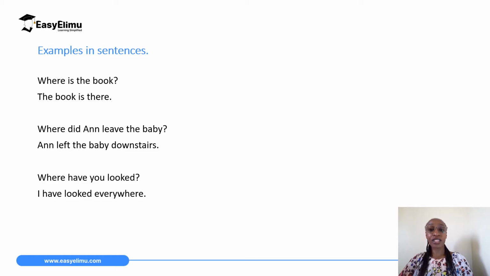Anne left the baby downstairs. So the word downstairs answers the question where. So it tells us where the baby was left: downstairs. So downstairs is an adverb of place. Lastly, where have you looked? I have looked everywhere. Everywhere answers the question where, and it is an adverb of place.